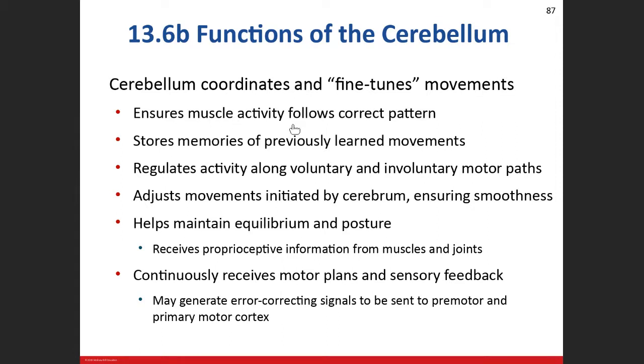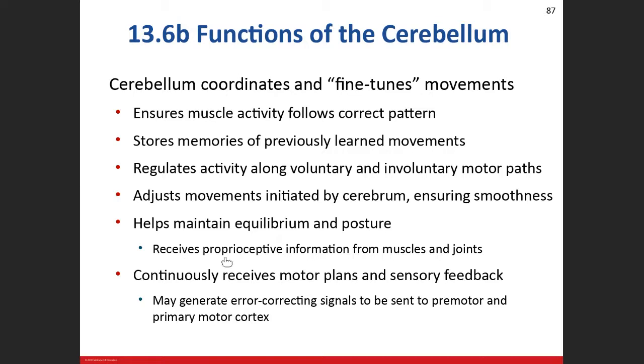Ensure muscle activity follows correct pattern, store memories of previously learned movement, regulate activity along voluntary and involuntary motor paths, adjust movement initiated by cerebrum, ensuring smoothness, and help maintain equilibrium and posture.